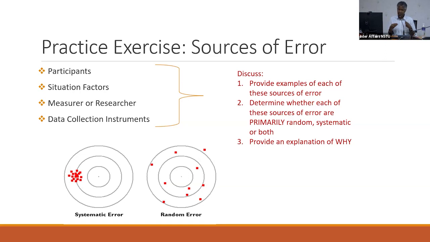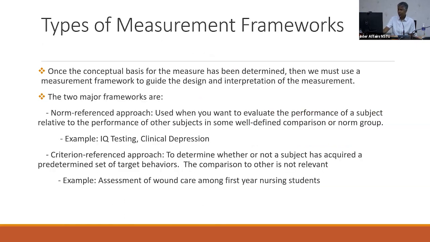So if I'm collecting a measure of knowledge, and for some of the participants we're in a very quiet room where there's not a lot of distractions, and other data are collected in a place where there's a lot of conversation, a lot of noise, that person isn't able to concentrate as well. So we see that the environment where the person was collecting data can be a source of systematic error. Okay.